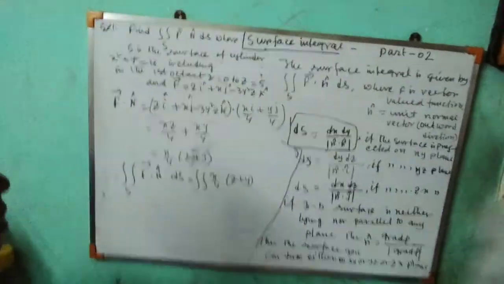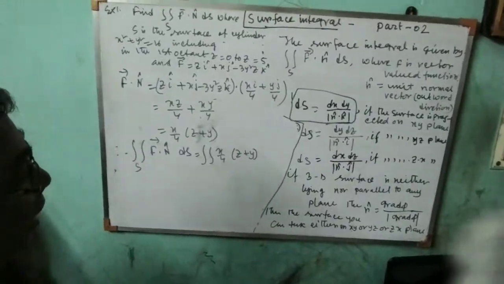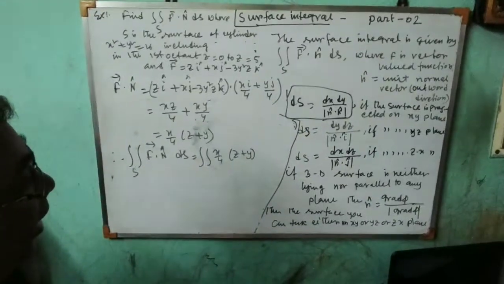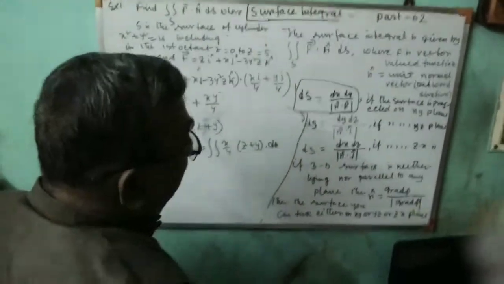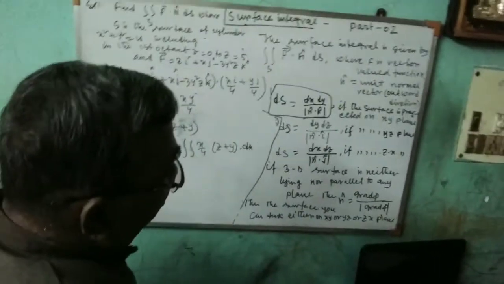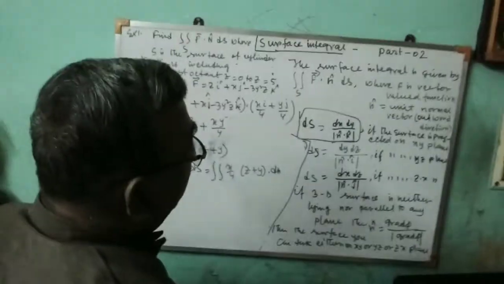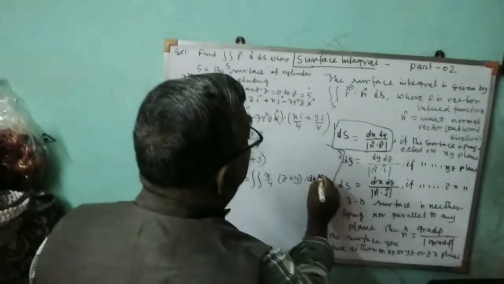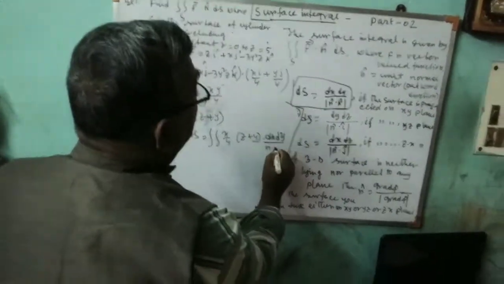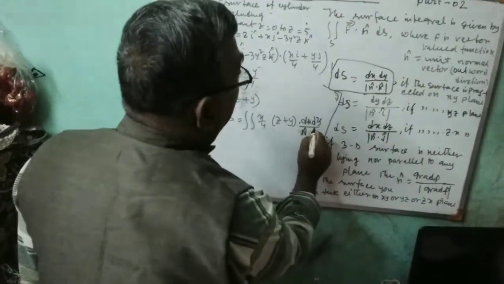If we take ds on the xy plane, then follow me, it is dx dy by n cap dot k cap.